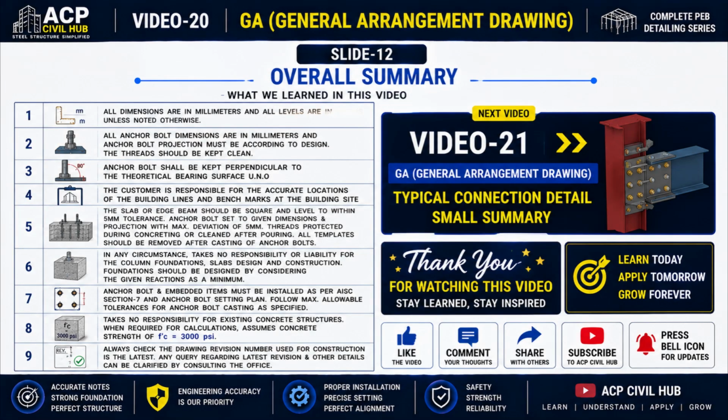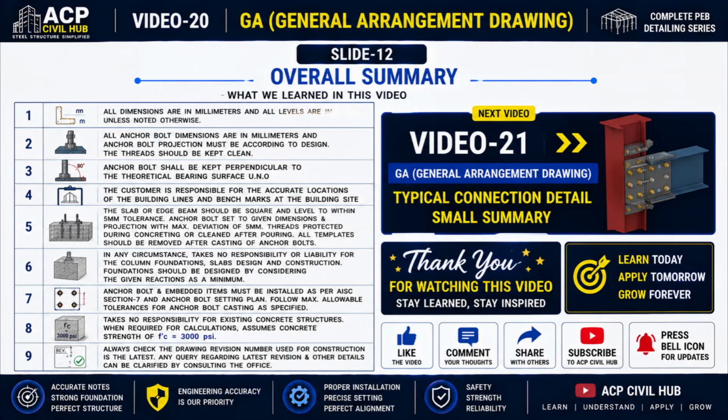We learned the most important general notes that every structural engineer, detailer, fabricator, site engineer, and steel erector should understand before starting a PEB project. We covered how to interpret drawing units, anchor bolt requirements, bolt alignment, building lines and benchmarks, foundation tolerances, responsibilities for foundation design, anchor bolt installation tolerances, existing concrete assumptions, and finally, the importance of always working with the latest drawing revision.